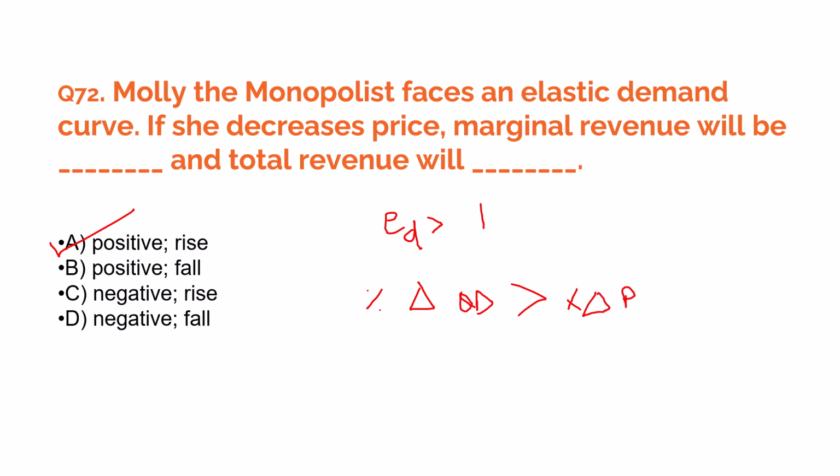So when a monopolist decreases the price on the elastic portion of the demand curve, the increase in quantity sold is proportionately larger than the decrease in price. This leads to an increase in total revenue. Also, marginal revenue is positive when total revenue is increasing. So the correct answer should be A.